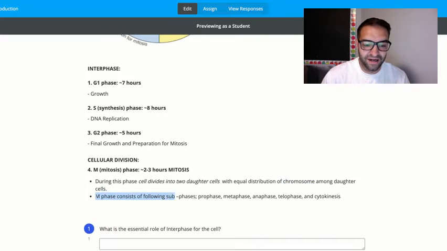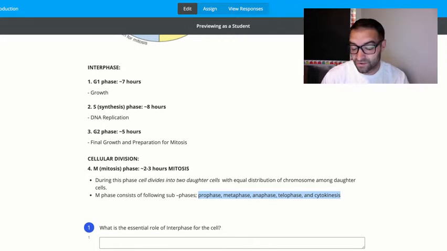I've stated here that mitosis, this M phase, is really divided into these subphases: prophase, metaphase, anaphase, telophase, and then finally cytokinesis. When we go into mitosis deeper, those are the phases we're going to talk about. Our goal is to be able to identify the characteristics of those phases, as well as identify the image that would represent those.